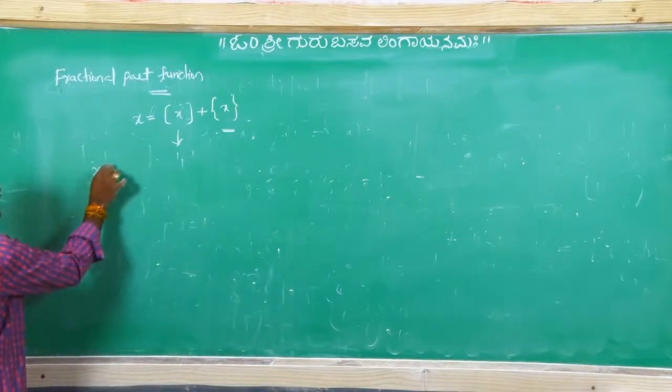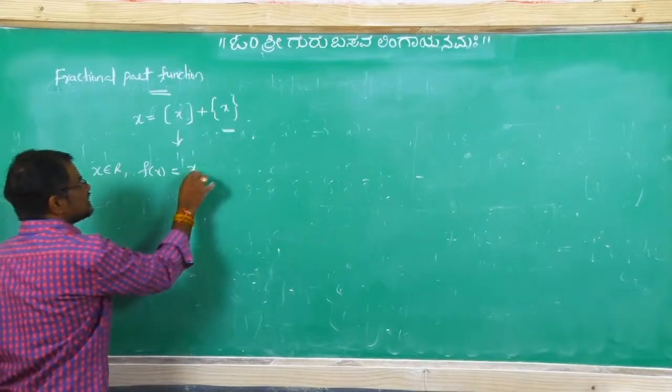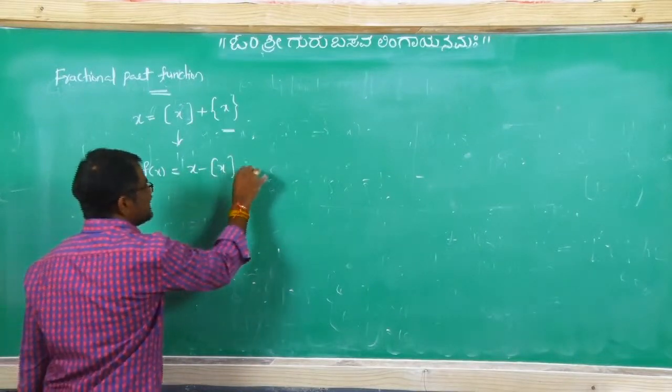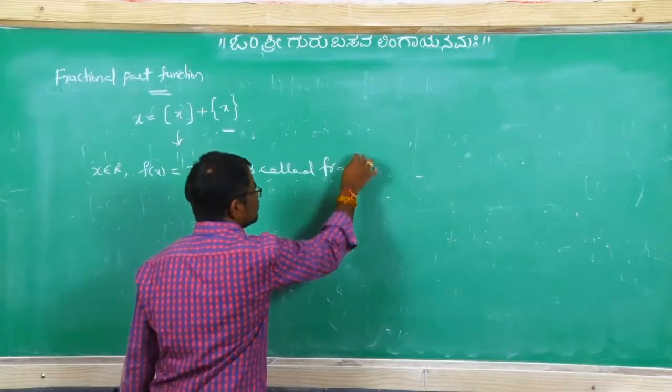So if x belongs to real numbers, the function which is in the form of x minus step x is called the fractional part function.